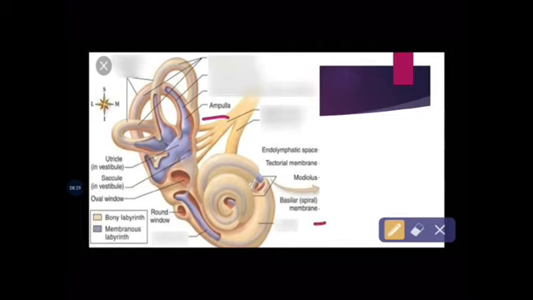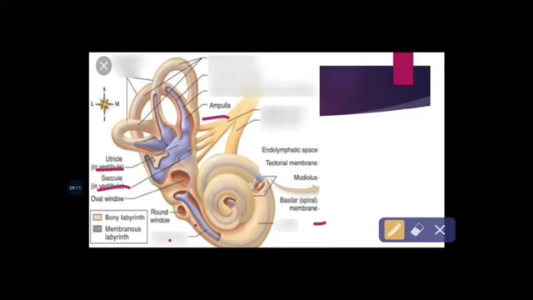You can see here the round window and oval window, and the scala in the saccule in the vestibule. The vestibule region has two parts, the utricle and saccule, and these, the sacculus and utriculus present in the vestibular region, are meant for static balance. Static balance, when the body is stationary as in standing, is handled by the utriculus and sacculus.